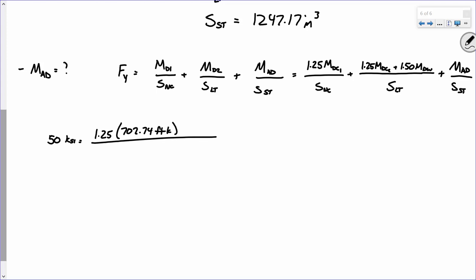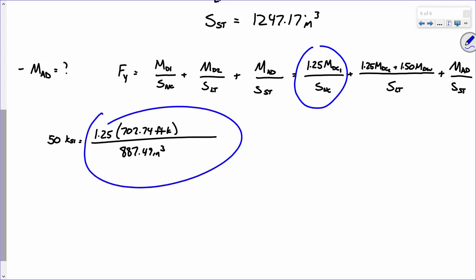Okay. Now, what am I dividing that by? A non-composite section modulus of what? 887.49. Keep in mind, I'm looking at this fraction right there. So that's this. Everybody okay with that?